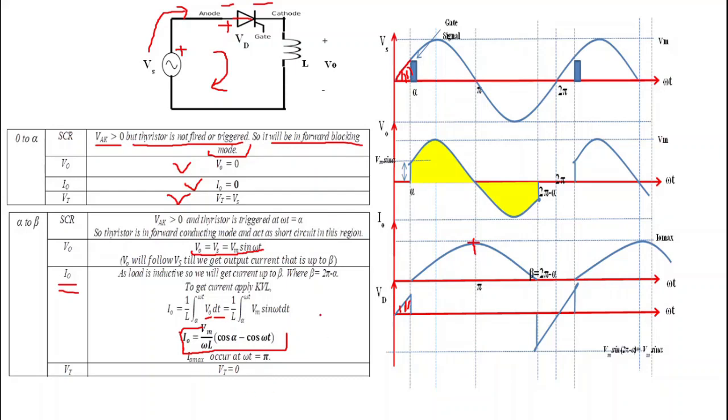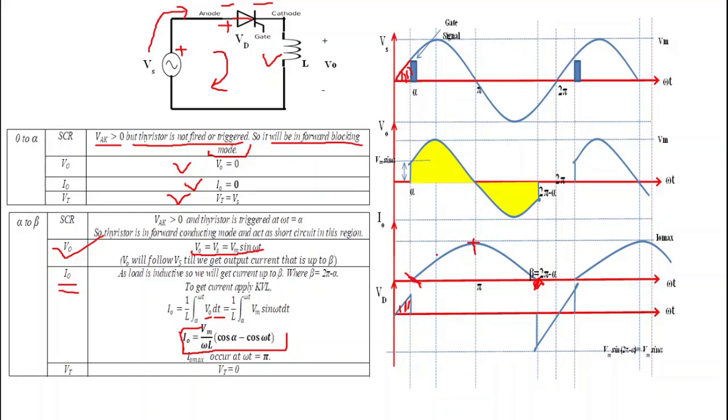Now an important concept is that in this case we get current up to beta. It is a very simple concept, and it was already told to you in my previous lecture. Whenever there is an inductor in the load circuit, we get current up to beta. We get output voltage V0 as long as the output current I0 is positive, and I0 is positive from alpha to beta.